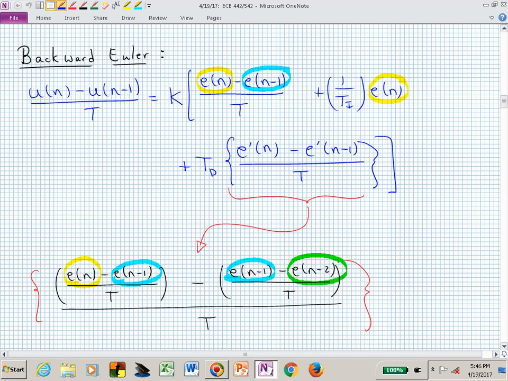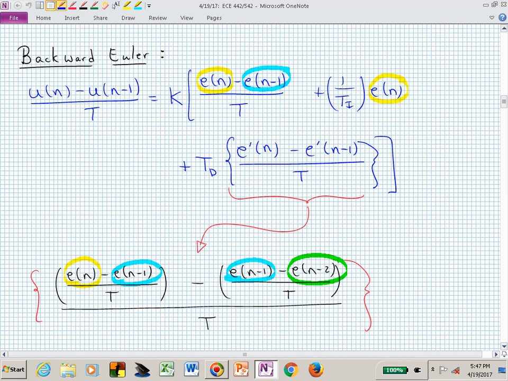The rightmost term in the fraction inside the red curly brackets is just the derivative approximation of e prime of n minus 1. And now, if you put the red curly brackets in place of the blue curly brackets, that's our entire expression. Is it clear what I'm wanting to do? I now have everything in terms of u of n minus 1, e of n, e of n minus 1, and e of n minus 2. I just need to do the algebra to clean that up.